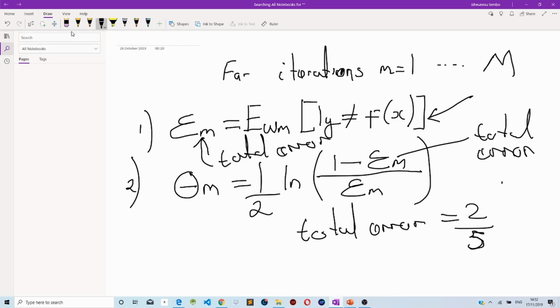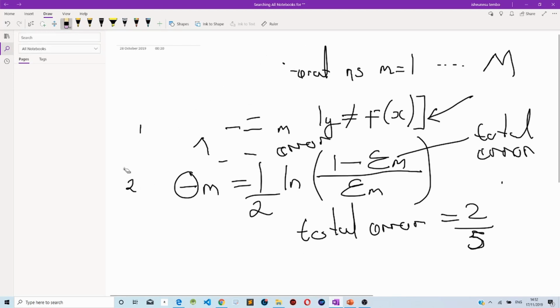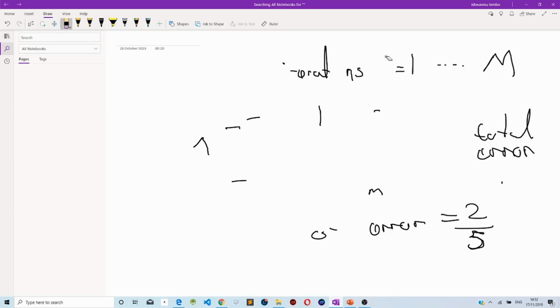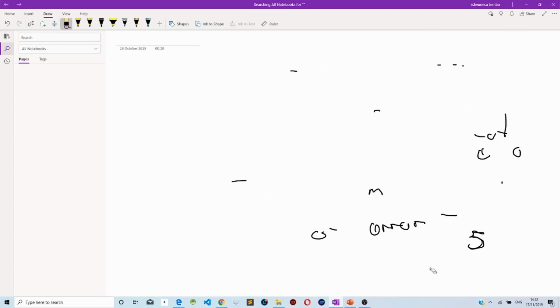And then the third stage is we update the weight for each data point as follows.